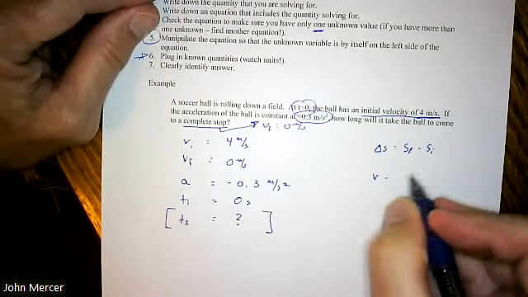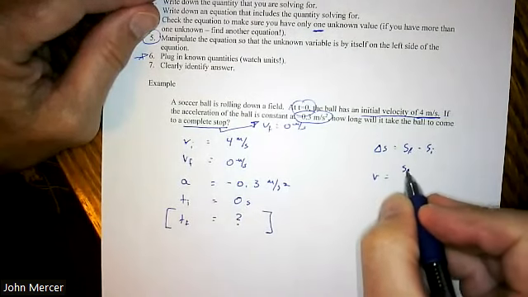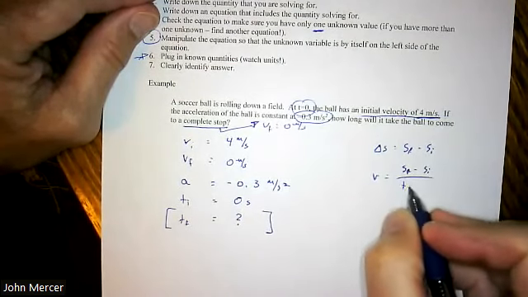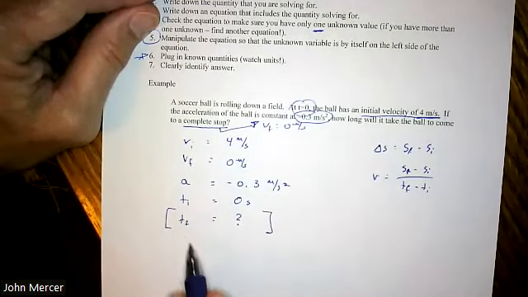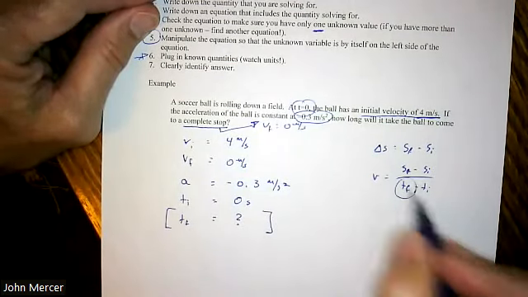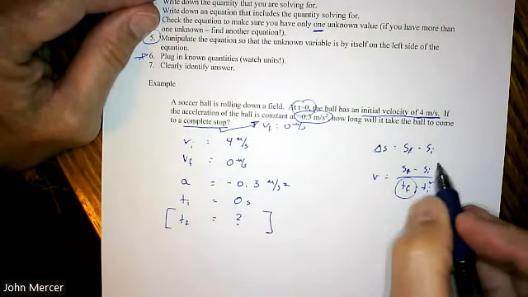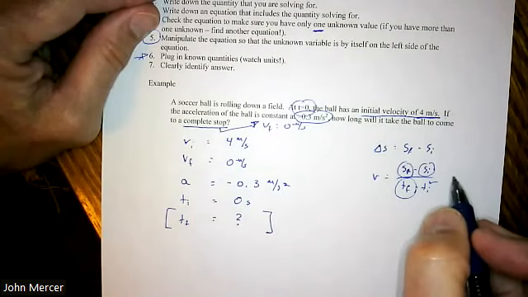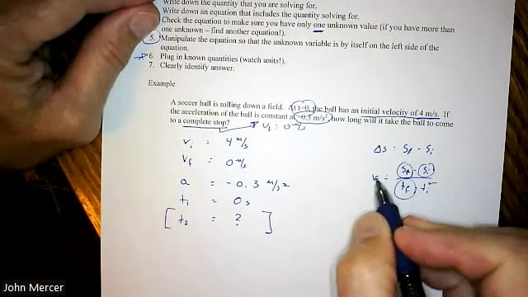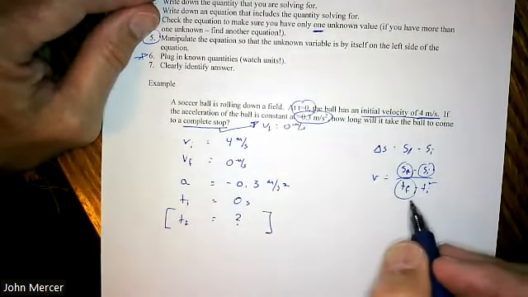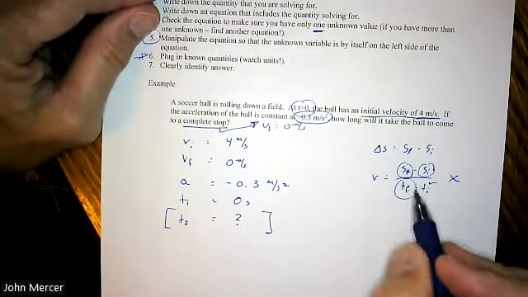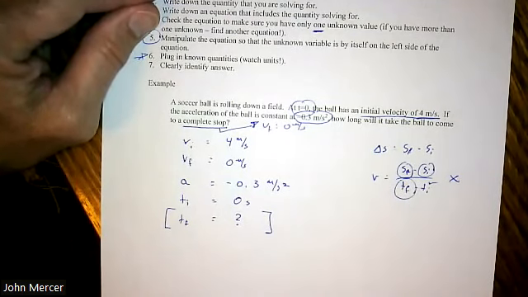Well, we could do velocity equals displacement over change in time. Oh, that has the final time in it. It has initial time. I'm going to put a little check mark there. Does not have either of these parameters. And it sort of has a velocity, but we have two velocities. So this equation does not work because it has two unknowns.